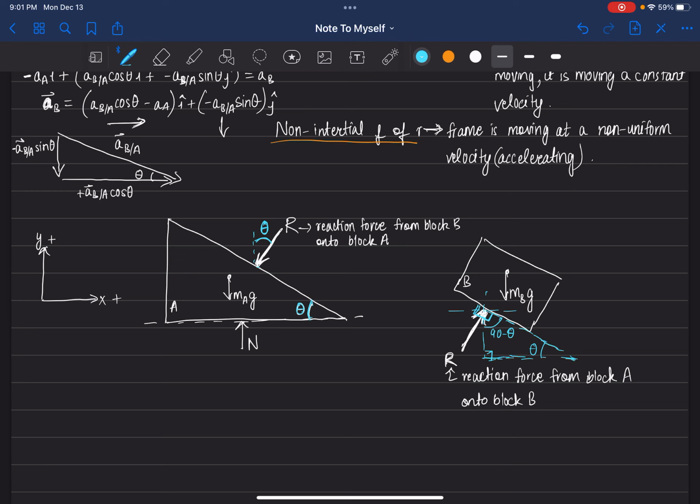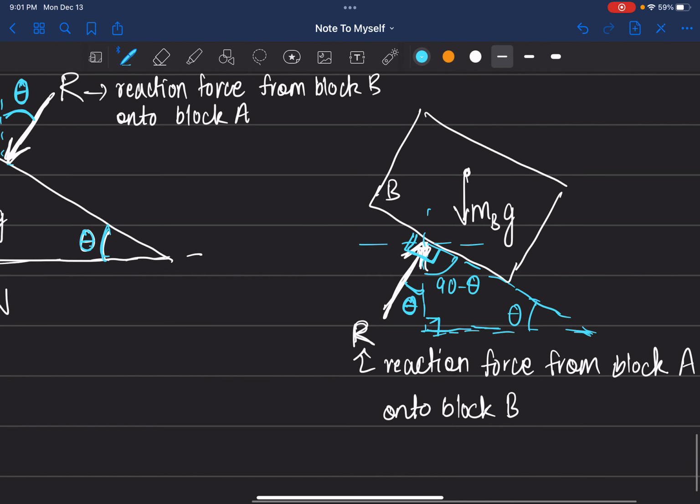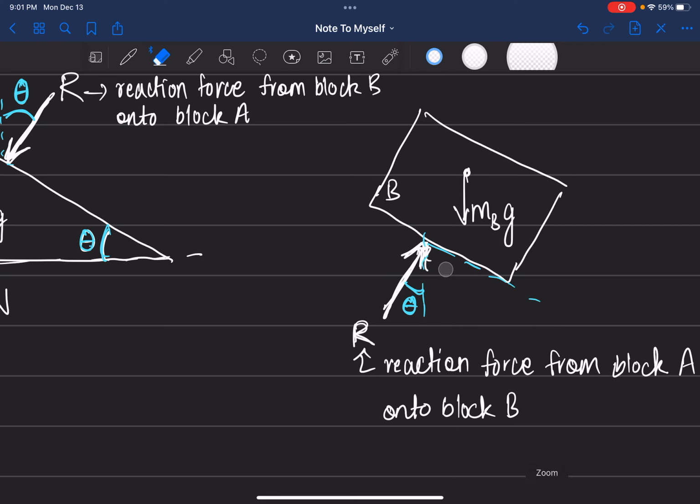And if this is 90 minus theta, then this has to be theta. Same thing, basic geometry, a little bit of trig. Let me clean this up and erase some of the stuff.